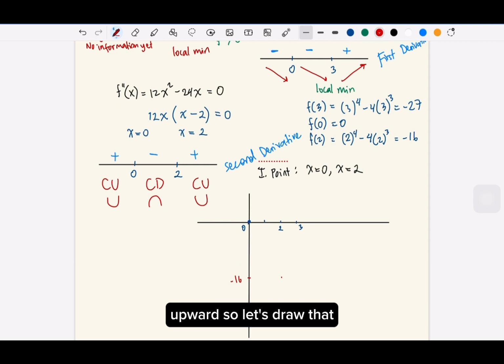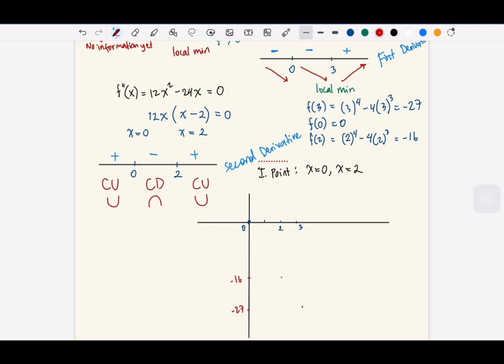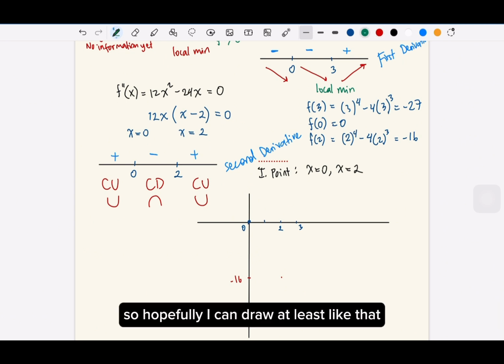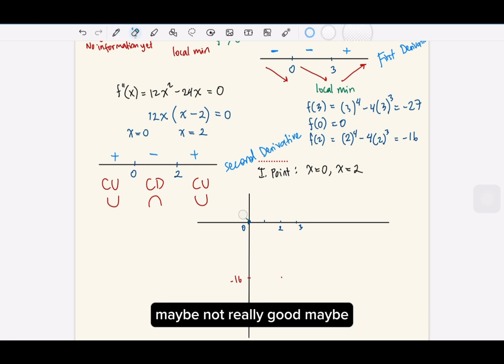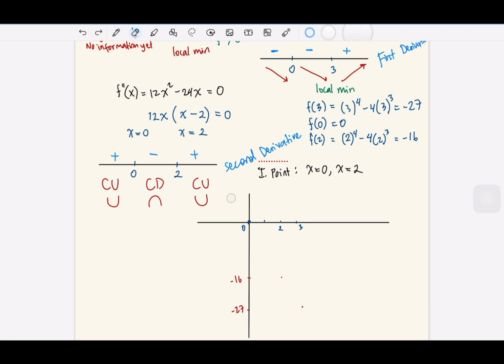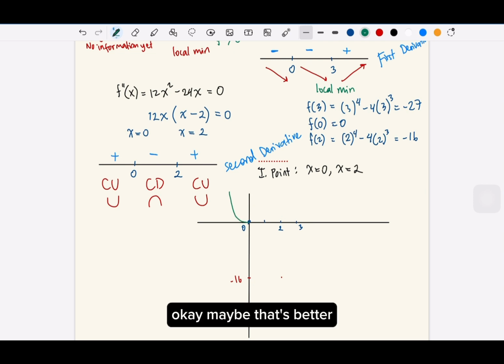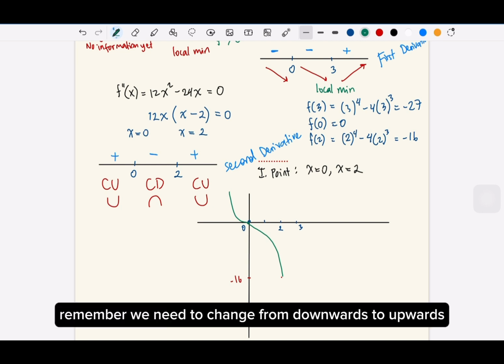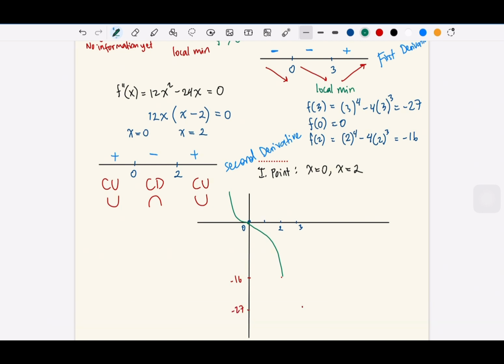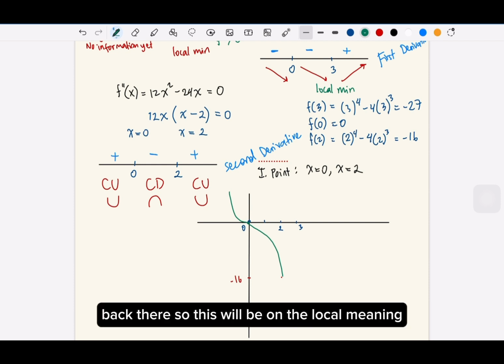So hopefully I can draw at least like that. Okay, maybe that's better. And at x equals 2, remember we need to change from downwards to upwards. So we are going to get there. So this will be the local minimum.